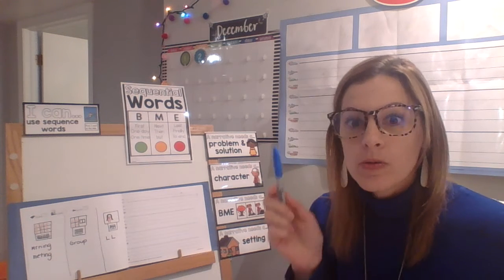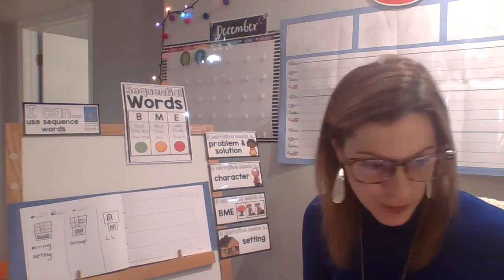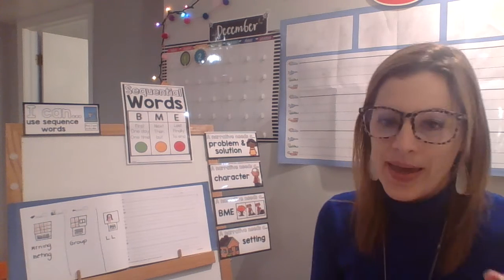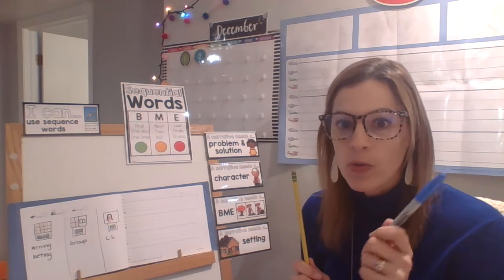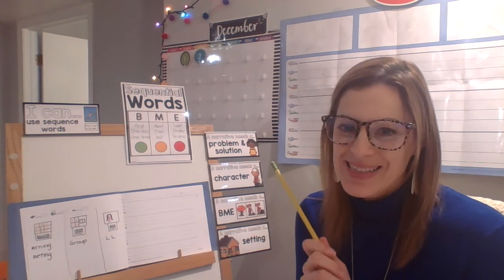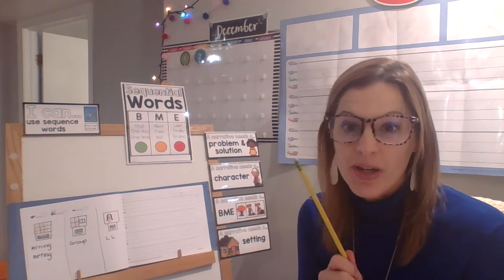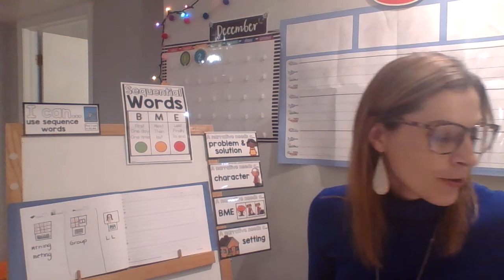I am going to use a marker when I write. You are going to use a pencil. Remember, I use a marker so that you can see it better. I want you to use a pencil because it's better to erase with, and it's just better for kindergartners to write using a pencil when we're writing in our journal.